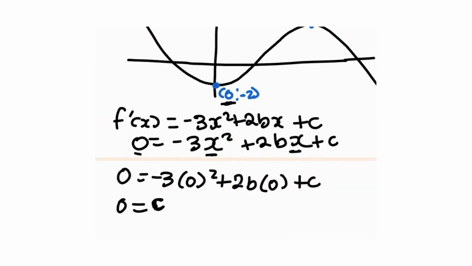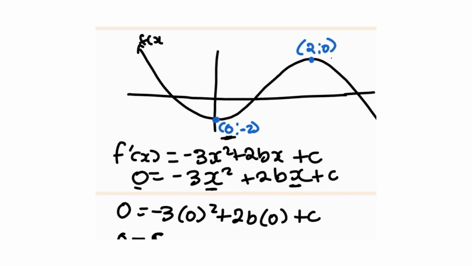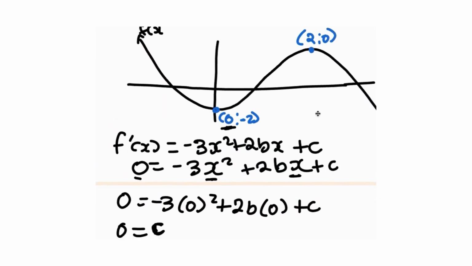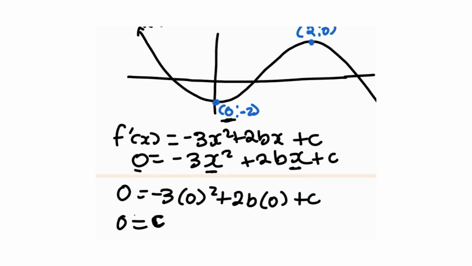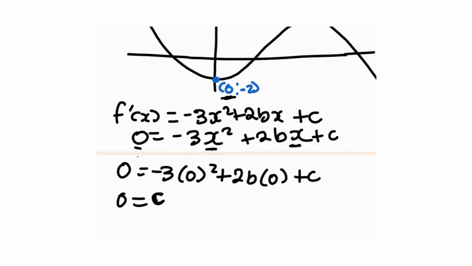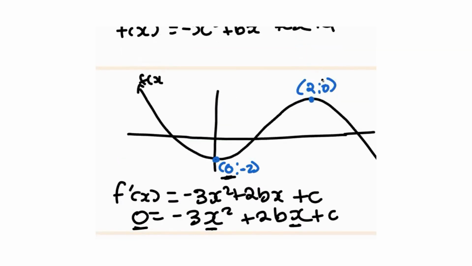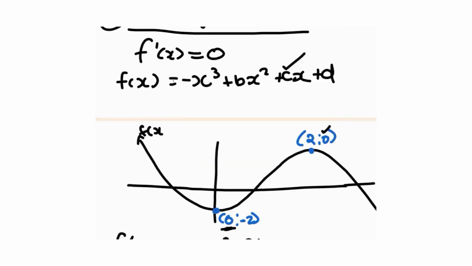Still on the first derivative, I'm now going to substitute the second turning point. The second turning point is 2, and the x value is 2. So this 0 is not that one, guys. This 0 is f prime of x equals 0 at the turning point. Yes, at the turning point, the gradient is 0 because it's a straight line.